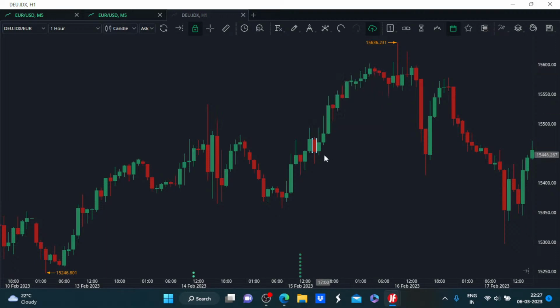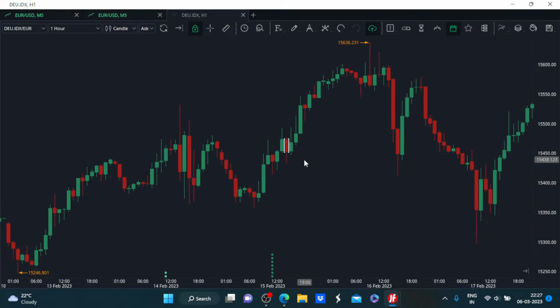So this is a formation which, as I said in my introductory remarks, is a continuation pattern which we can utilize to look for trading opportunities on the side of the trend. There is a bullish Tasuki gap pattern because we have these first two candles which are showing substantial buying momentum.